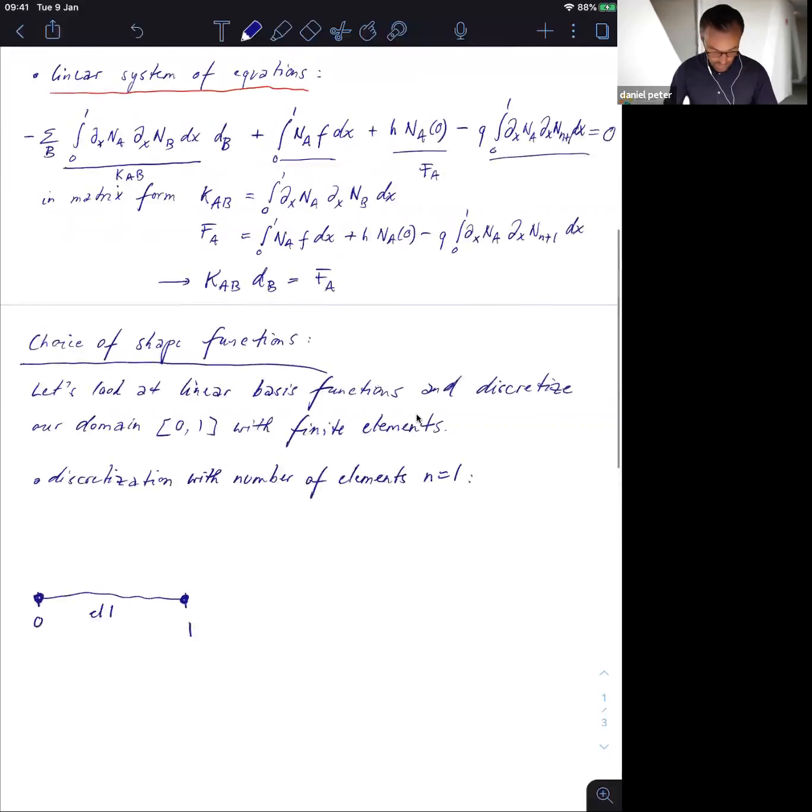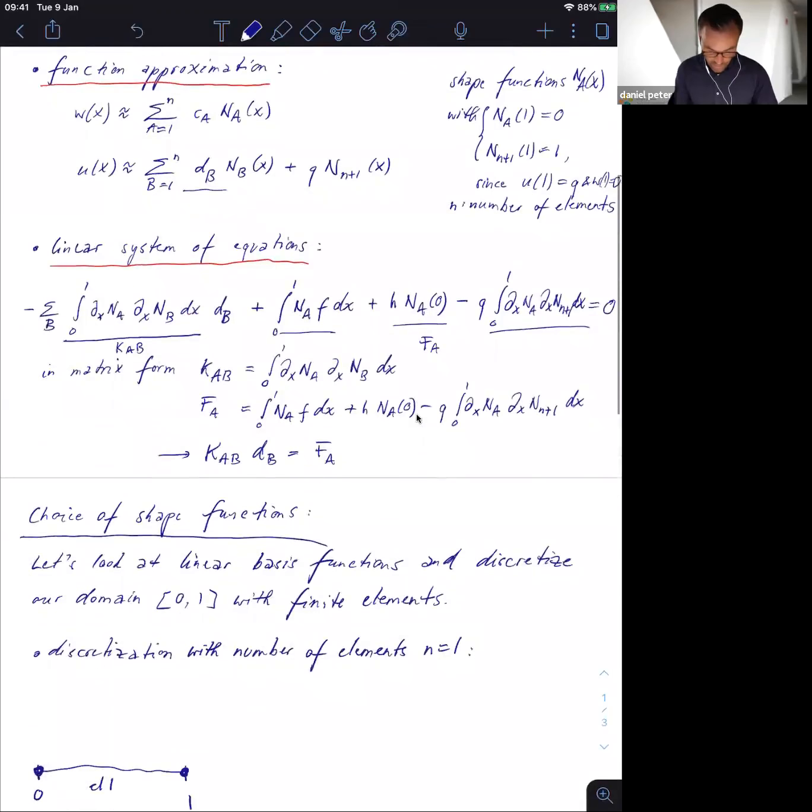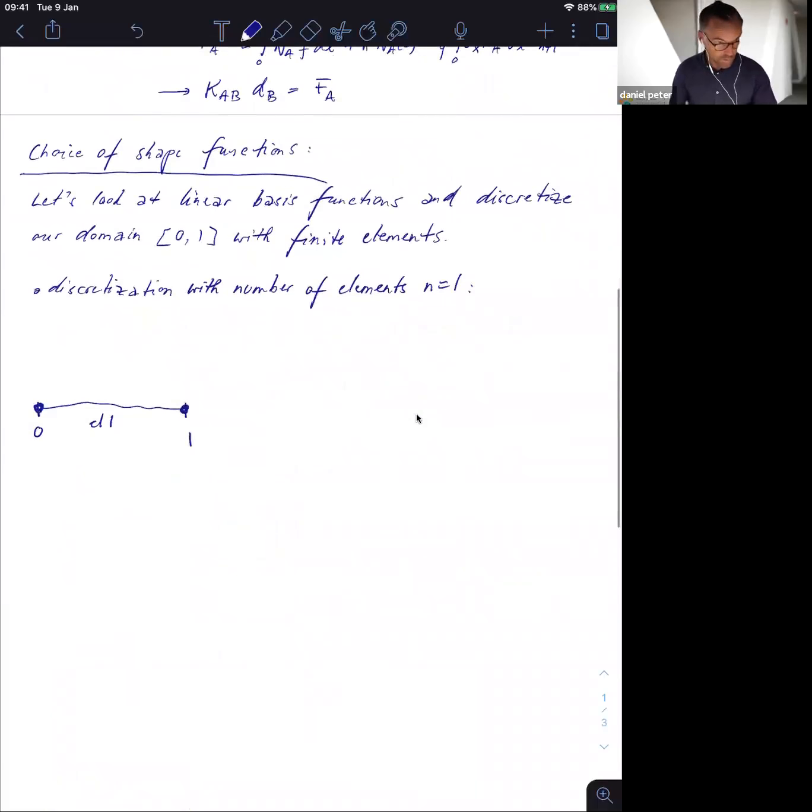So let's look at our function approximation. W, if n is 1, only has one shape function, N_1. So the test function W of x has a single shape function, N_1 of x.